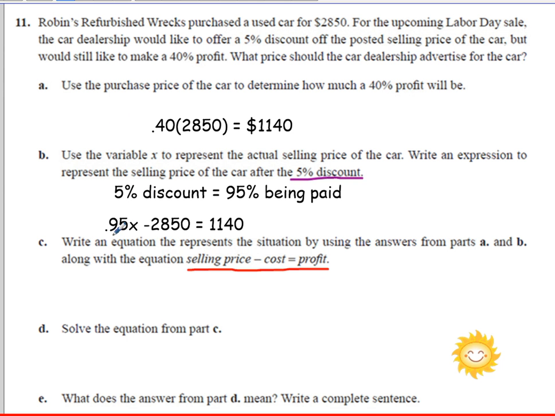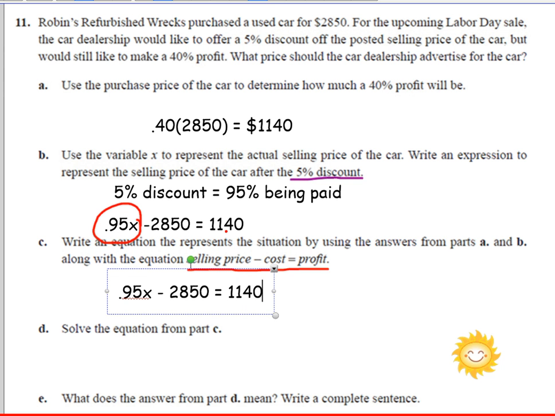So they just wanted here the selling price of 0.95x. And then it's down here that they wanted the other part. So let's just copy it again. So 0.95x minus the 2850 equals 1140.